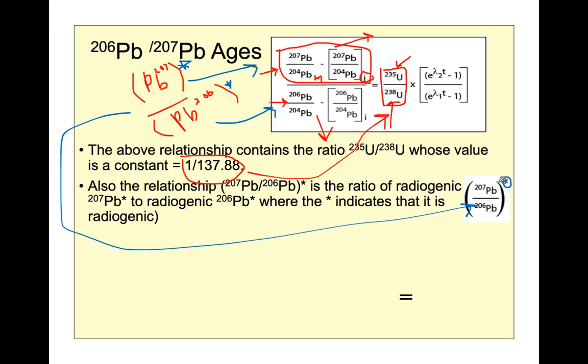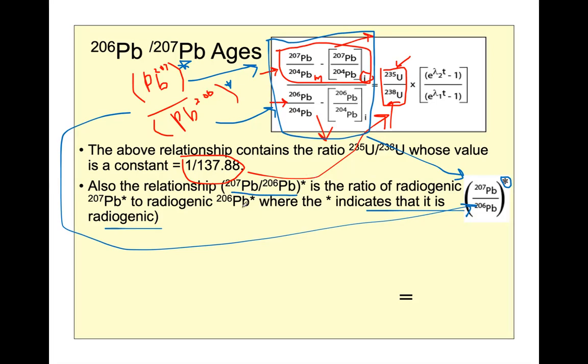So instead of writing all these terms, you can replace them with this one, because the star indicates the radiogenic amount. You can use 207/206 star instead of this whole term.